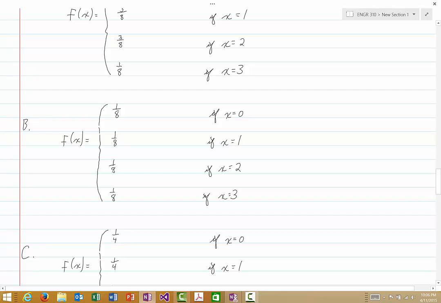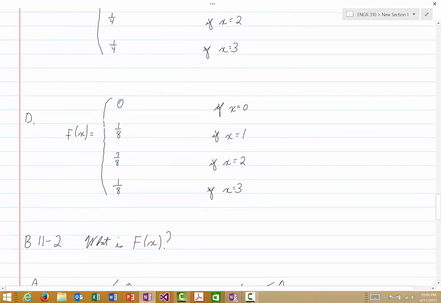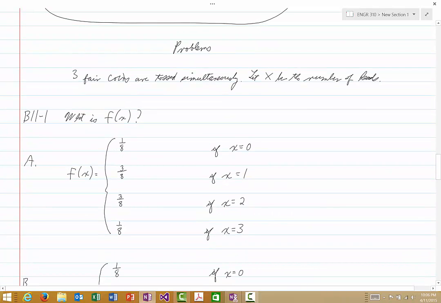In choice B, we have f of x is equal to 1/8 if x is equal to 0, 1/8 if x is equal to 1, 1/8 if x is equal to 2, and 1/8 if x is equal to 3. In C, f of x is equal to 1/4 if x is equal to 0, 1/4 if x is equal to 1, 1/4 if x is equal to 2, and 1/4 if x is equal to 3. And finally, choice D, little f of x is equal to 0 if x is equal to 0, 1/8 if x is equal to 1, 7/8 if x is equal to 2, 1/8 if x is equal to 3. And again, all of those were choices for little f of x.